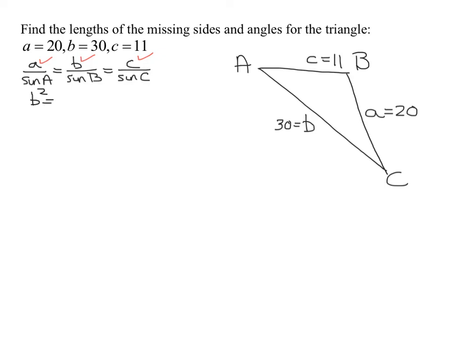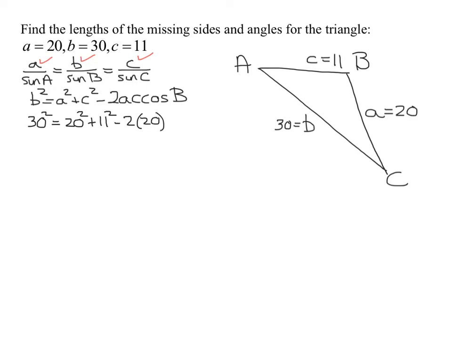So it's B squared equals A squared plus C squared minus 2AC cosine B. So the only thing I don't know in this equation is my angle B. So plugging in, I get 30 squared equals 20 squared plus 11 squared minus 2 times 20 times 11 times the cosine of B.